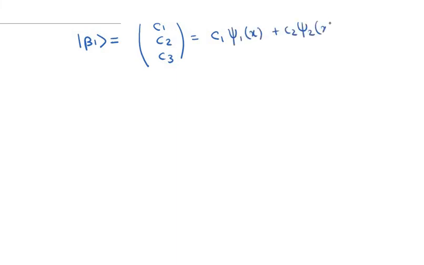Let us say that I can represent any wave function beta in this vector format, C1, C2 and C3, which in space format becomes C1 psi 1(x) plus C2 psi 2(x) plus C3 psi 3(x), where psi 1, psi 2, psi 3 are the eigenfunctions, or the eigenbasis. Now how do we calculate C1?